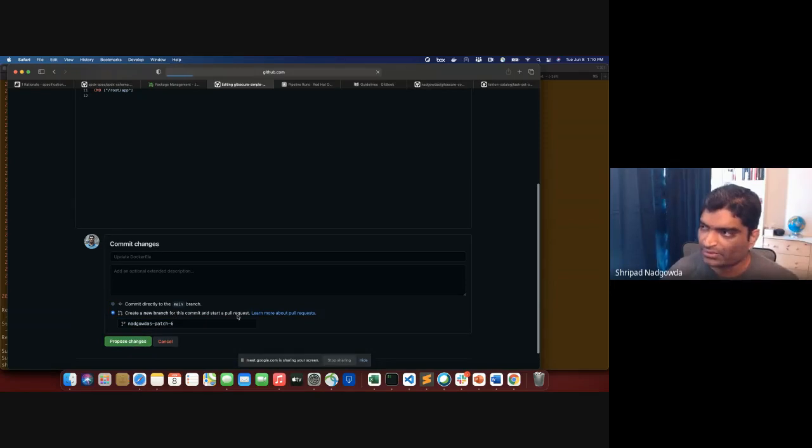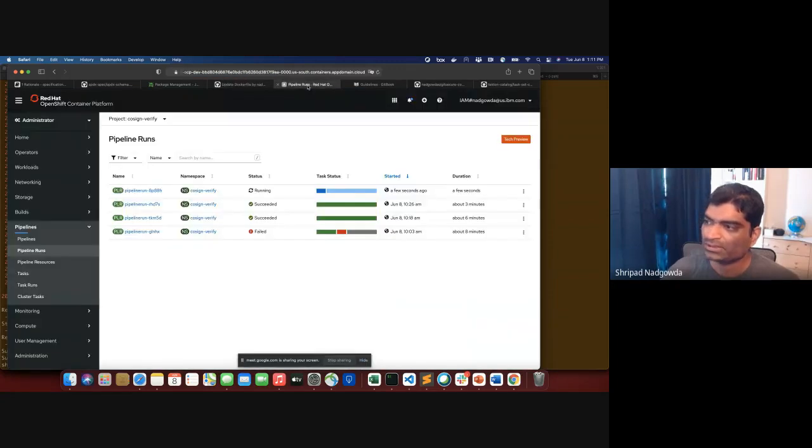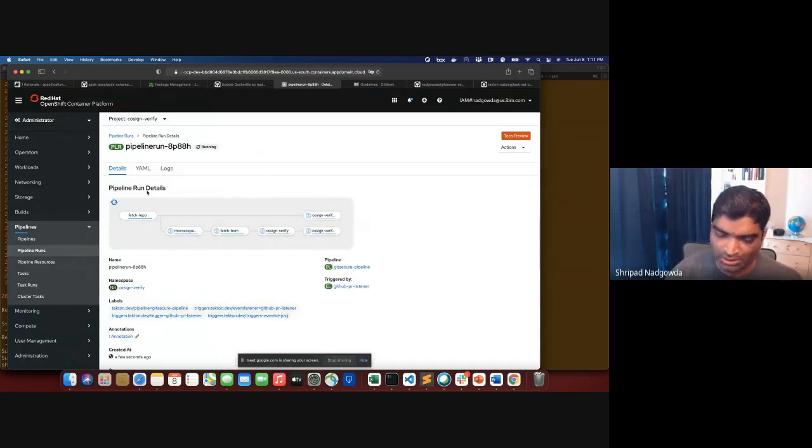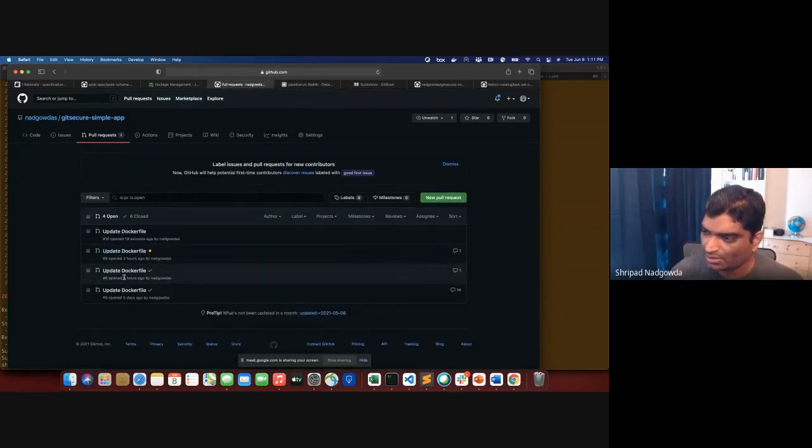When I create it, this triggers the pipeline, which does the clone, scan and everything I just described. In the interest of time, I can just show you the previous pull request that I ran.